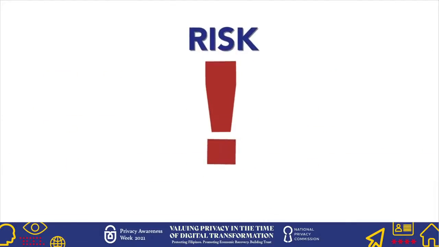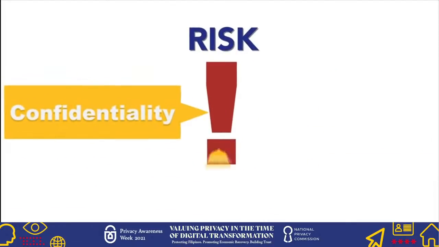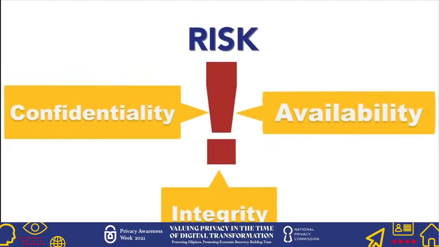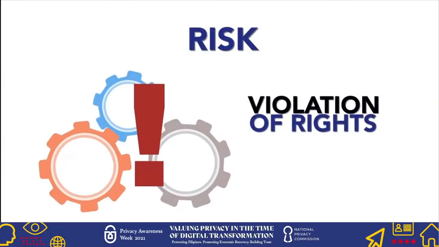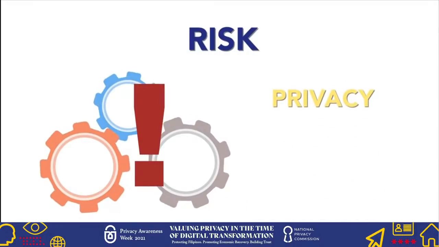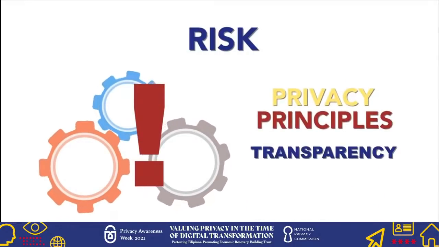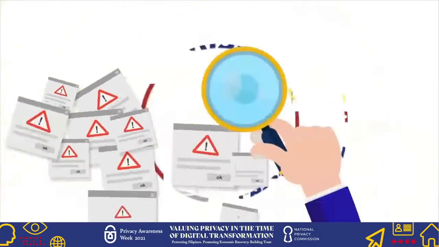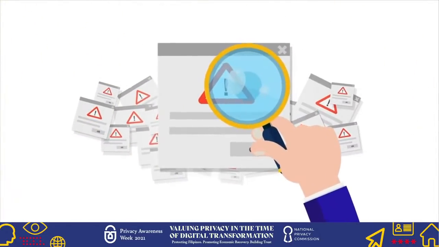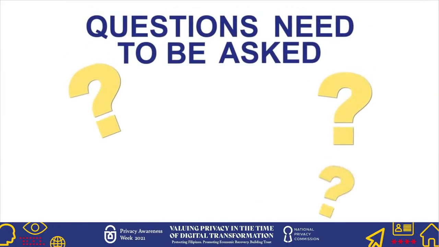It includes risks that the confidentiality, integrity, and availability of the personal data might not be maintained, or possibly even the risk that processing might lead to violation of the rights of the data subject, or the privacy principles of transparency, legitimacy, and proportionality. After identifying the risk, you will need to ask a few questions.